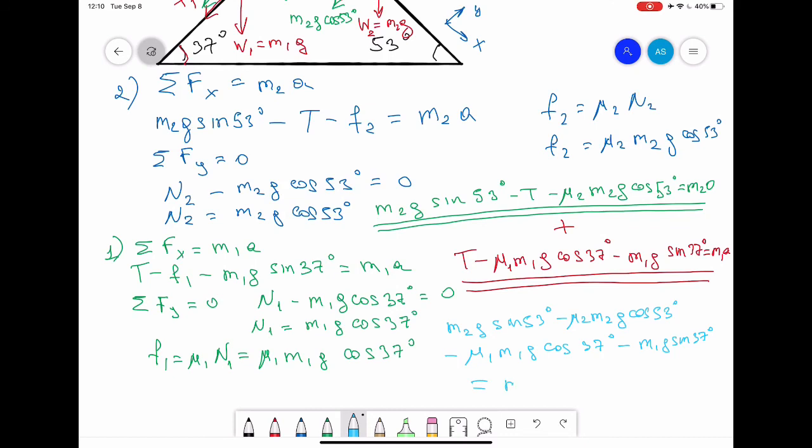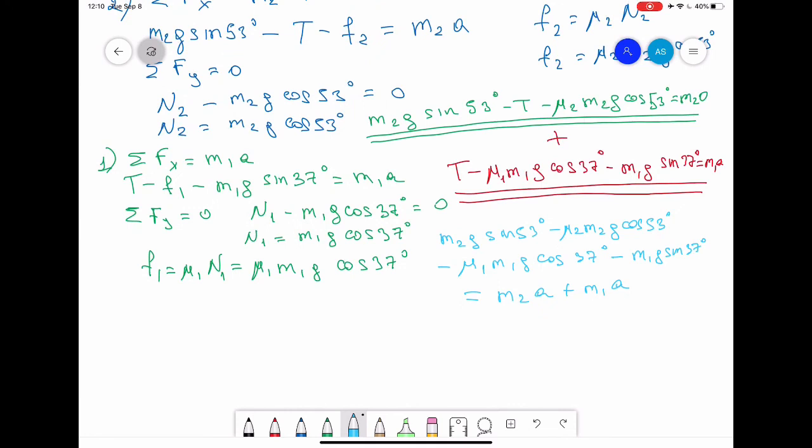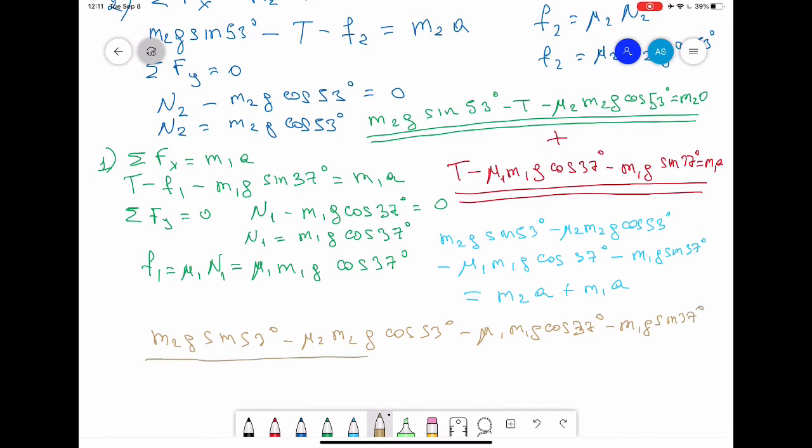which is equal to m2a plus m1a. Okay, so from here you can write the whole thing: m2g sine 53 degrees minus mu2 m2g cosine 53 degrees minus mu1 m1g cosine 37 degrees minus m1g sine 37 degrees, then divided by the whole m1 plus m2, which will give us our acceleration.